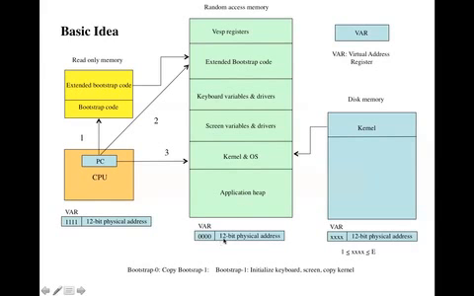So the remaining 12 bits will give us 4096 locations in this green space. And these locations will be further refined into different portions, like the register space, extended bootstrap code, keyboard variables and drivers, screen variables and drivers, and kernel and OS, and then the application heap.